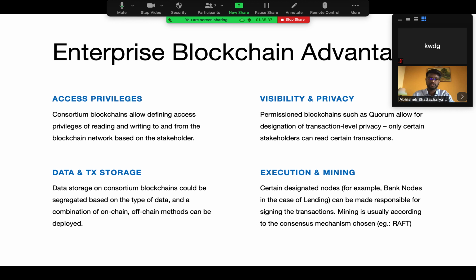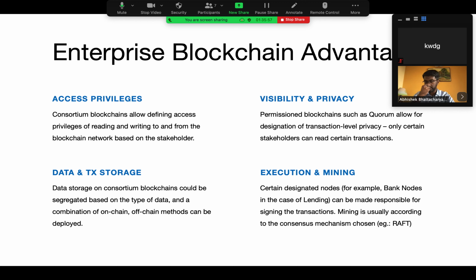So Quorum, again, a new word introduced. Quorum is a blockchain which is built on the Ethereum network. It was built on top of Ethereum, but has been built as a permission network. It was built by JP Morgan.